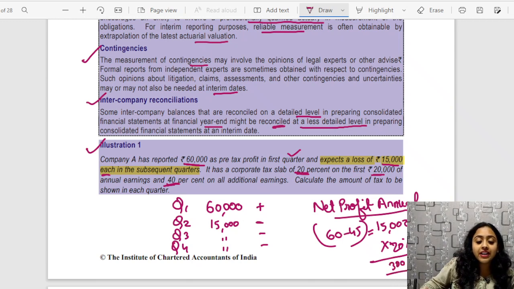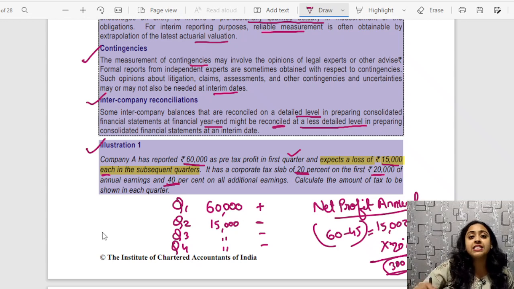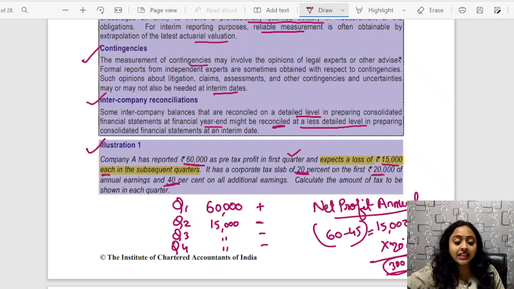You will divide this 3,000 by 15,000 and take out a percentage of the tax. You will apply this to each and every quarter.